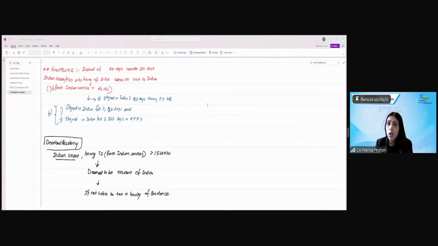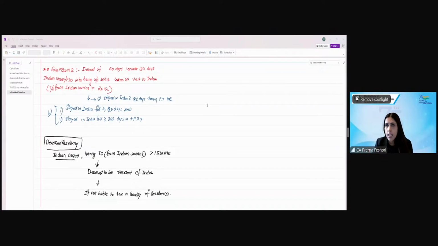So a person who is at the moment a resident of UAE but is a citizen of India, if he is not paying any taxes in UAE, can be considered as a deemed resident of India if his Indian sourced income is more than rupees 15 lakhs. If his UAE income is more than 15 lakh, he will not be considered as resident of India. If his Indian income is more than 15 lakh, then he will be considered as the resident of India.